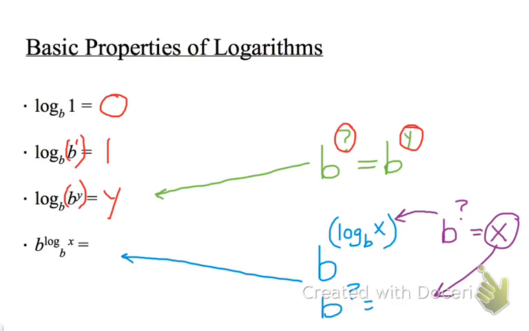And so that tells us that this answer is x, which tells us the answer to the property is x. And again, what we see is if we have a base b raised to an exponent that also has a base b, in other words, this base and this base are the same exact base, then the answer is going to be x. And that's the basic properties of logarithms.